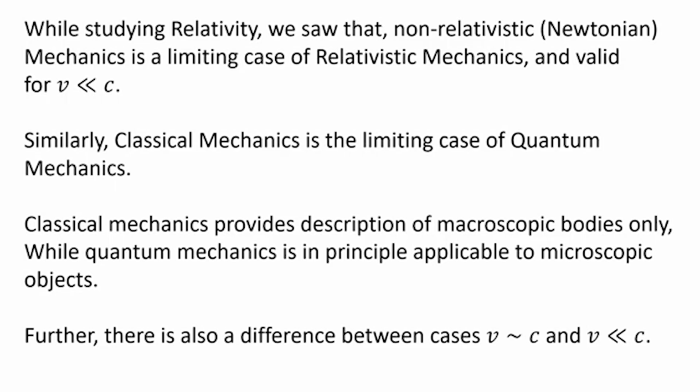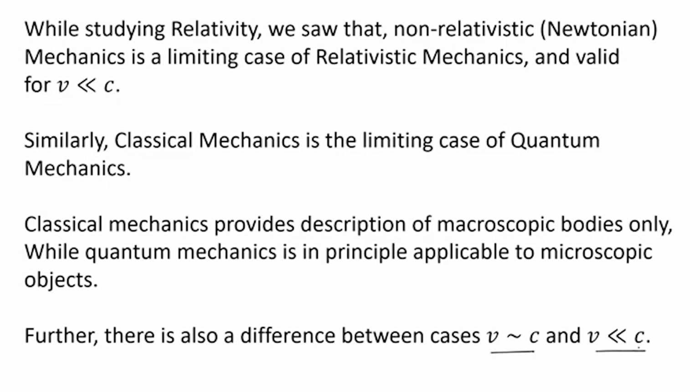Classical mechanics provides a description of macroscopic bodies only, which is what I have said. Quantum mechanics is in principle applicable to microscopic objects, but there is no embargo on quantum mechanics describing even macroscopic bodies as well. There is also a difference in quantum mechanics between the case when v is of the order of c and when v is much smaller than c.